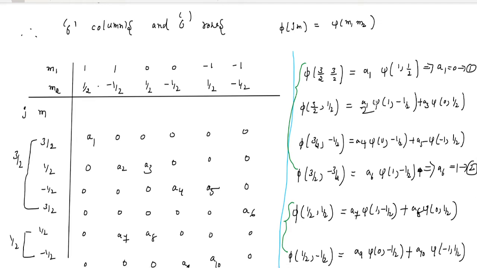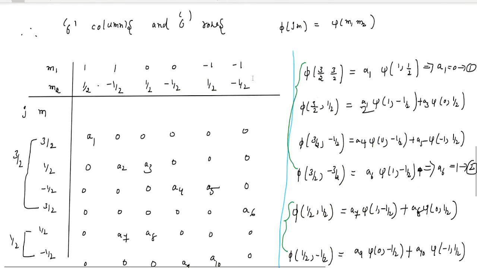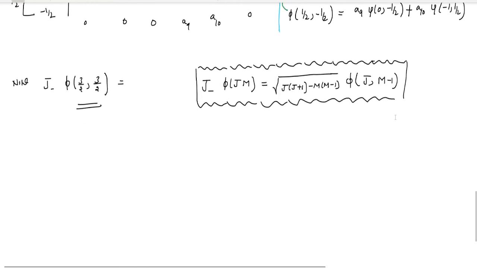For that, I need to take the psi 3 by 2, 3 by 2 state. Why am I taking 3 by 2, 3 by 2 here? If you apply the J minus operator on this state, it will decrease one state, right? 1 divided by 2, then we can get the 3 divided by 2, 1 divided by 2 state. Then we can find the A1 and A3 coefficient values. Easy.